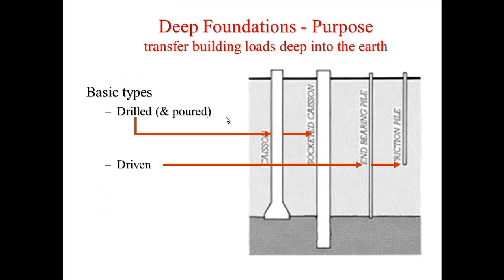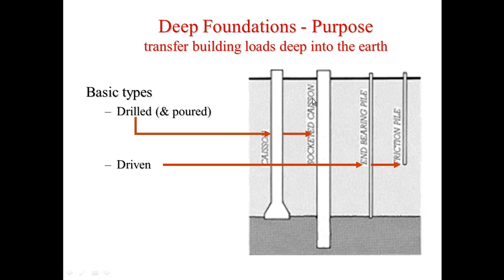Deep foundations. There are two types of supports that we'd put into a deep foundation. There's the caisson and the pile. The caisson is drilled and then poured with concrete or whatever material. And you can see this is a caisson that has used what's called a belling bucket to make it wider at the bottom. It can be just a socketed caisson that's straight down.